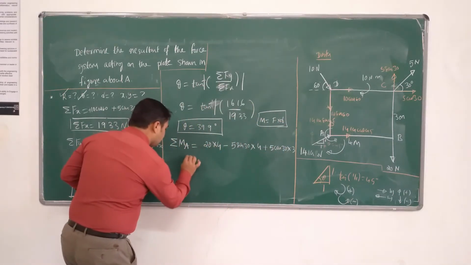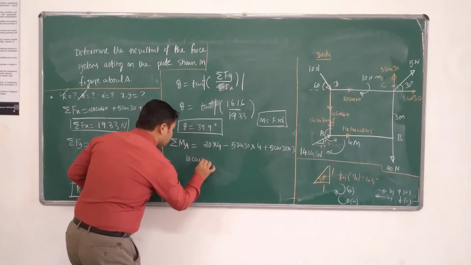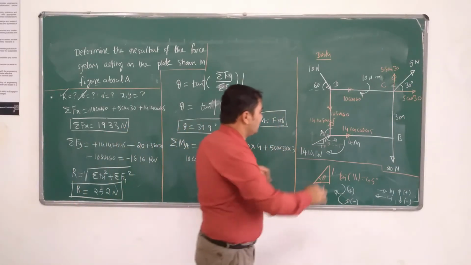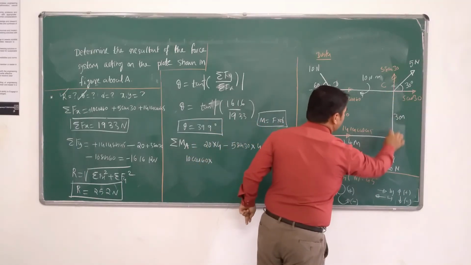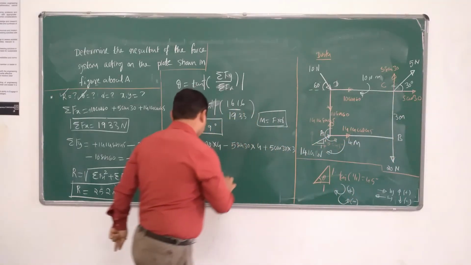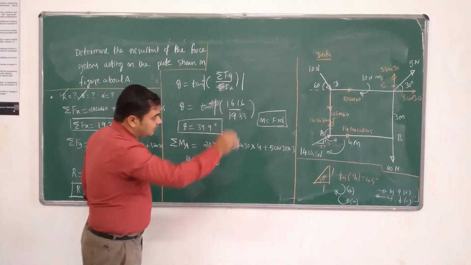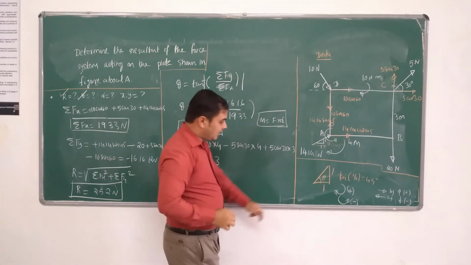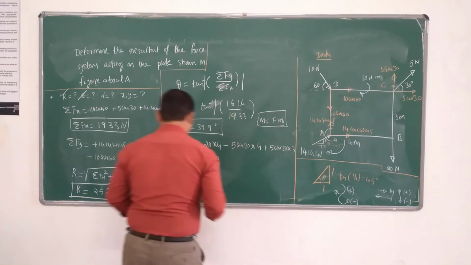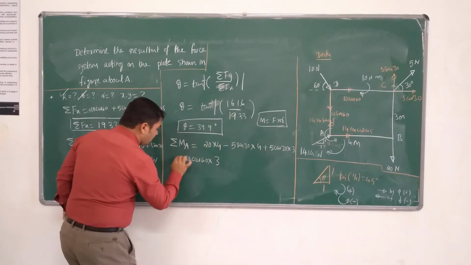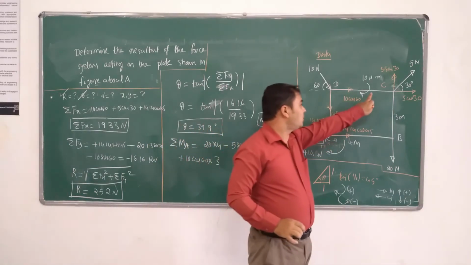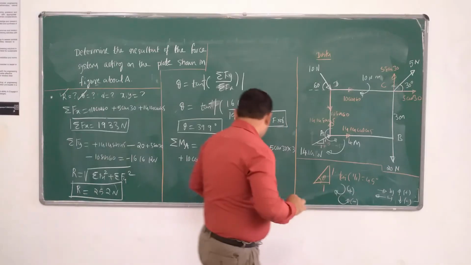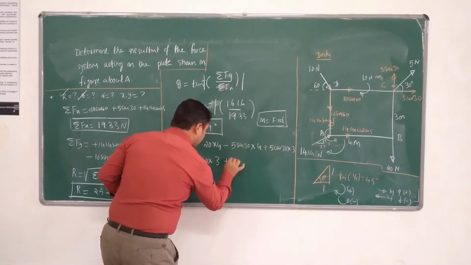Its distance about the point A is 3 meter, as given on one side. The direction creates a clockwise rotation. According to my sign convention, it is positive. And there is an externally applied moment of 10 Newton meter that we have to consider in the calculation, so plus 10.